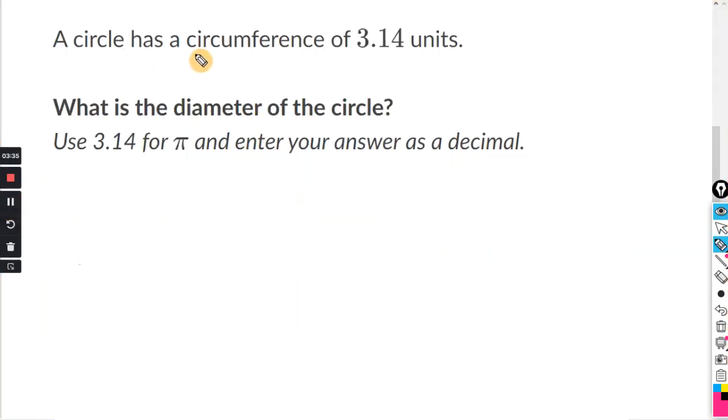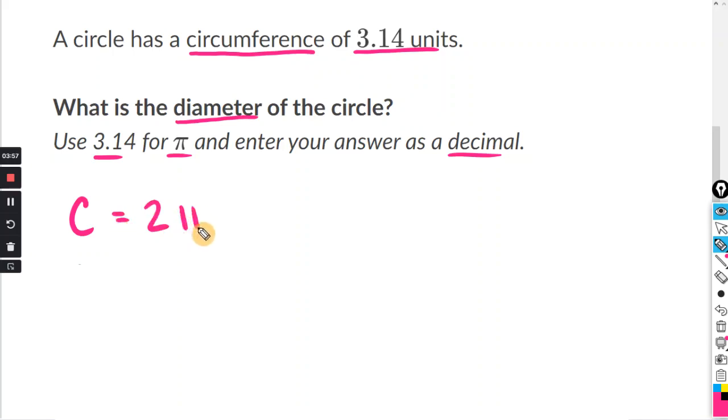Here they say the circumference of the circle is 3.14, and they want us to find the diameter of the circle. Again, use 3.14 for pi and enter your answer as a decimal. We know the formulas for circumference: 2 times pi times r, or pi times d, which is diameter.